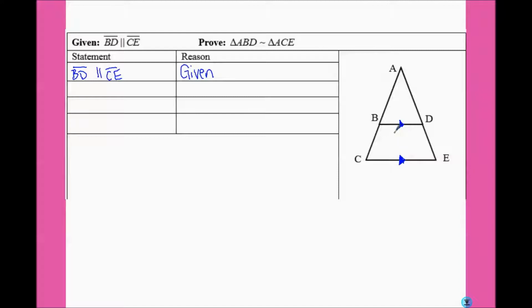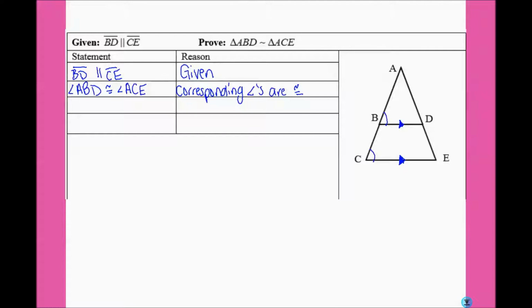Because of that, we know that angle B and angle C are congruent because they're corresponding angles. So angle ABD is congruent to angle ACE because corresponding angles are congruent.